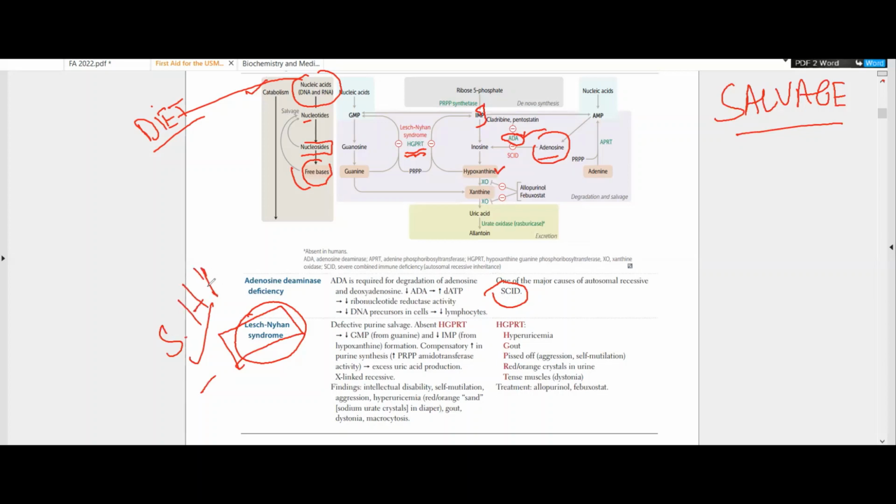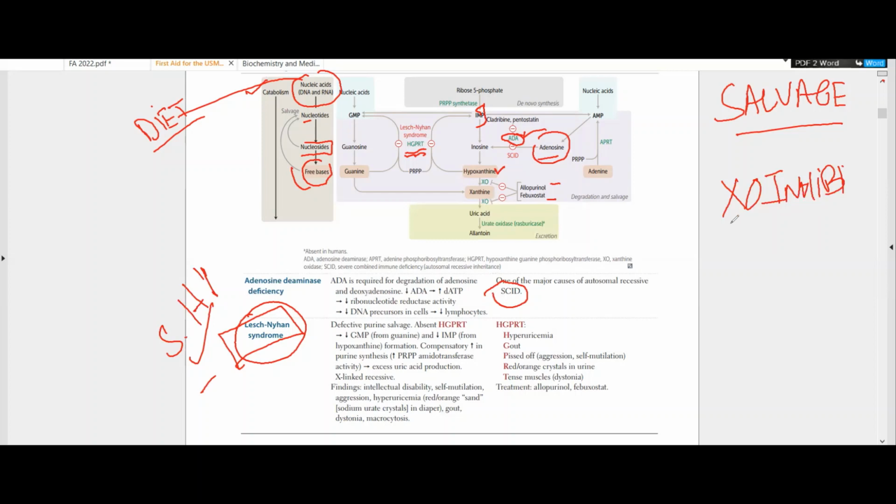The drugs cladribine and pentostatin inhibit the enzyme adenosine deaminase. Now I am going to discuss two more drugs, allopurinol and febuxostat. Both are xanthine oxidase inhibitors. So what is the difference between these two drugs?